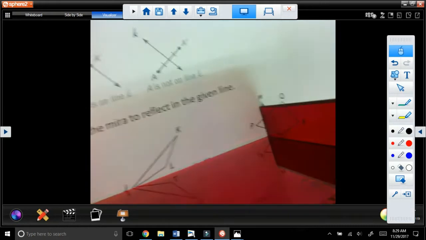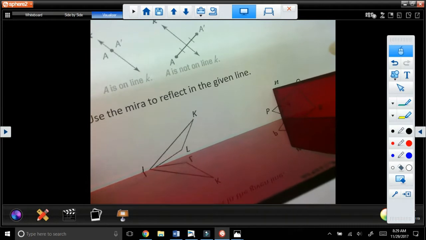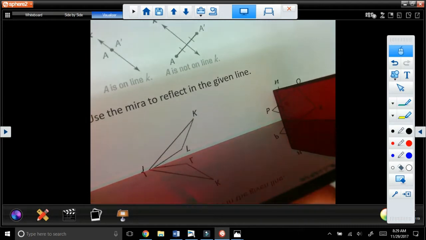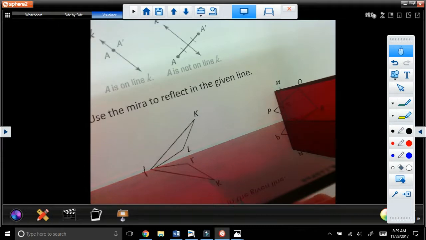Okay, you can kind of see here, if I move the camera a little bit, that you can see that reflection. So we can put this down, and then what you can do is you can kind of use this to trace where that is supposed to be. We're tracing that shape in the reflection.